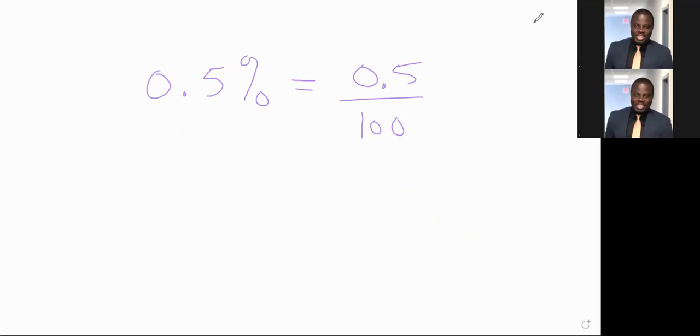And now you're going to move the point two times. 1, 2. So the point is going to move here this time, and then you're going to put a 0 in this column. This allows me to write point, two zeros, and then the 5. So 0.005, and that's it.